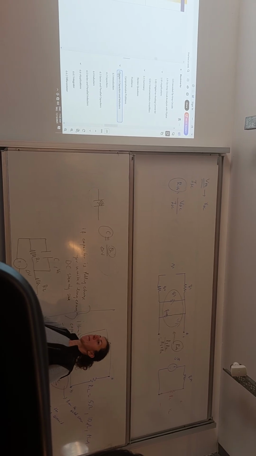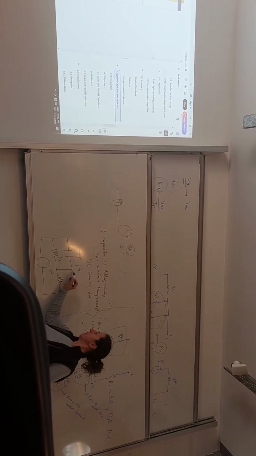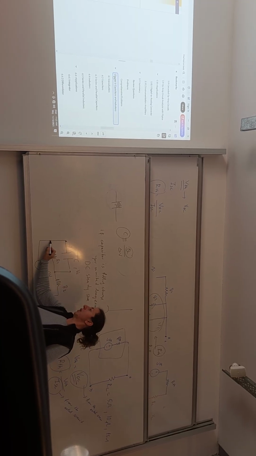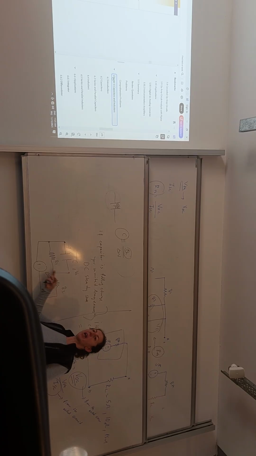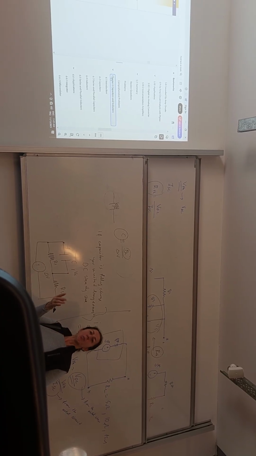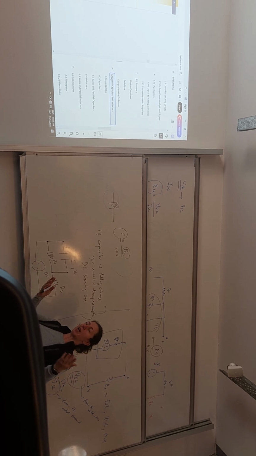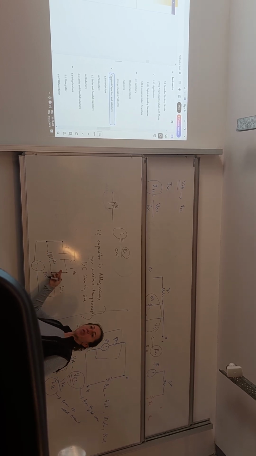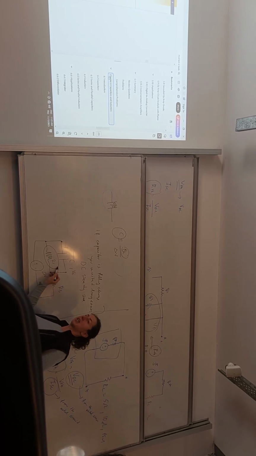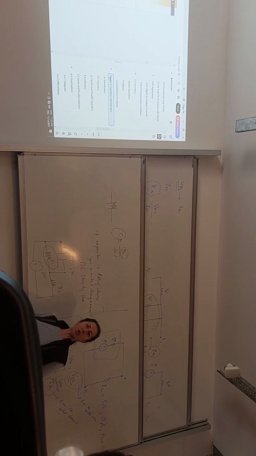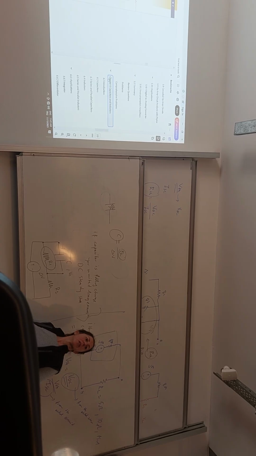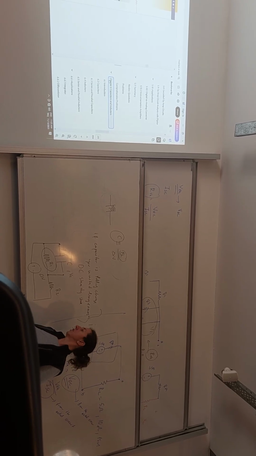Same as this one. This node and that node are the same, right? This node and that node are also the same, which means they are connected in parallel. What do we know about parallel connection? The potential difference should always be the same, right? So if this is fully charged and I am trying to measure the potential across this capacitor, it should be exactly the potential across R1. How am I going to get the potential across R1?